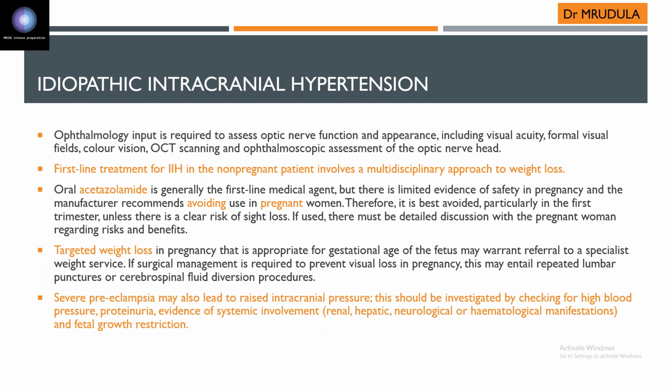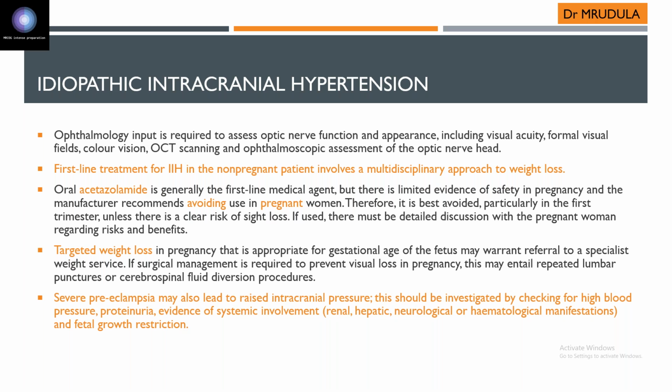For IIH, ophthalmology input is required to assess the optic nerve function and appearance, along with OCT scanning and ophthalmoscopic assessment of the optic nerve head. First-line treatment is weight reduction. It is multidisciplinary team management, with weight reduction being the basic requirement. The drug used for IIH is acetazolamide.